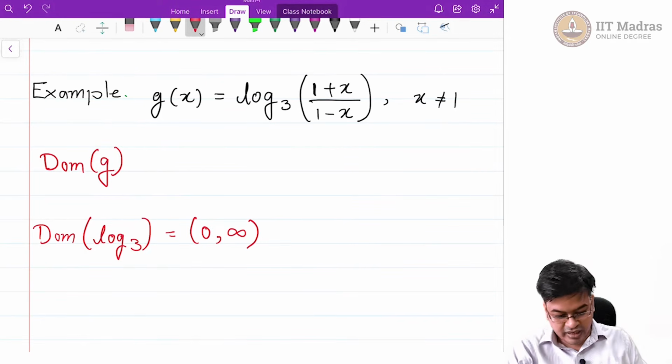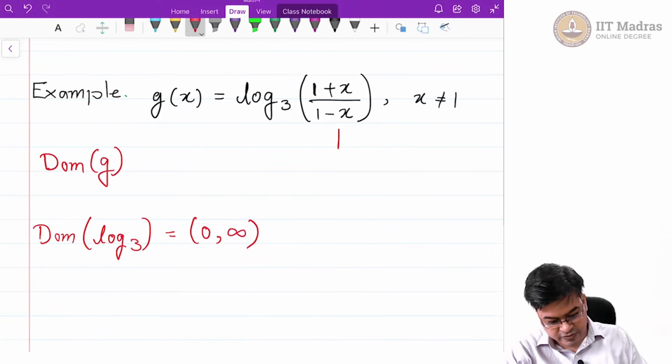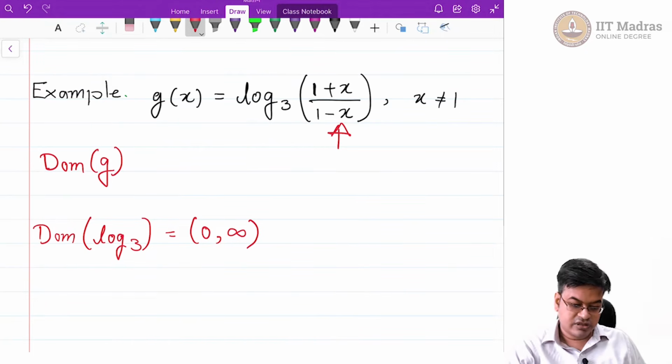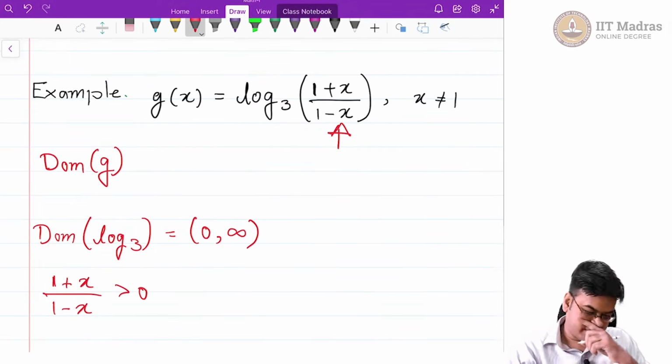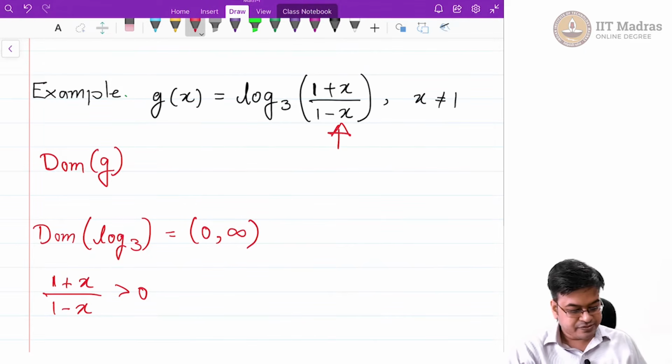So now I want the argument of this function, which is g of x, to be between 0 to infinity. So I want 1 plus x upon 1 minus x trapped between 0 to infinity. That means it should be greater than 0. Now when can this happen?